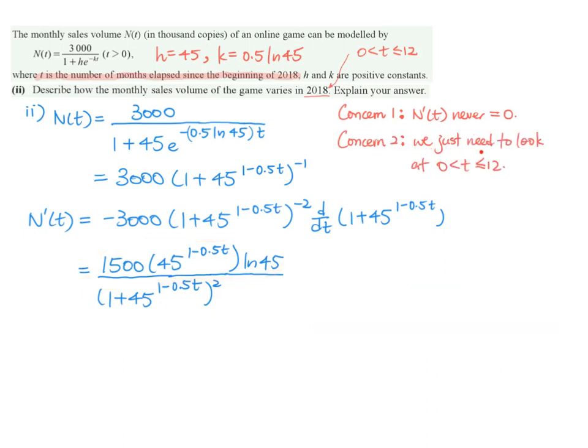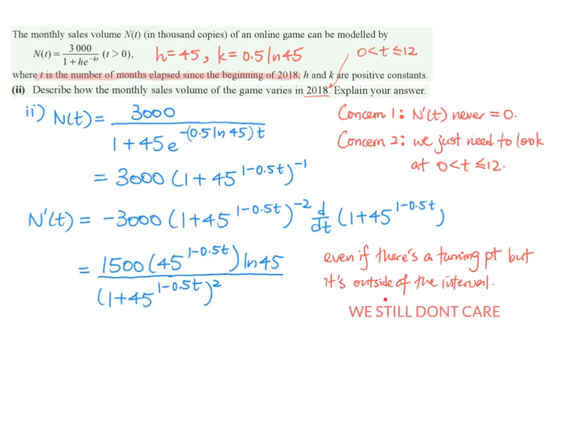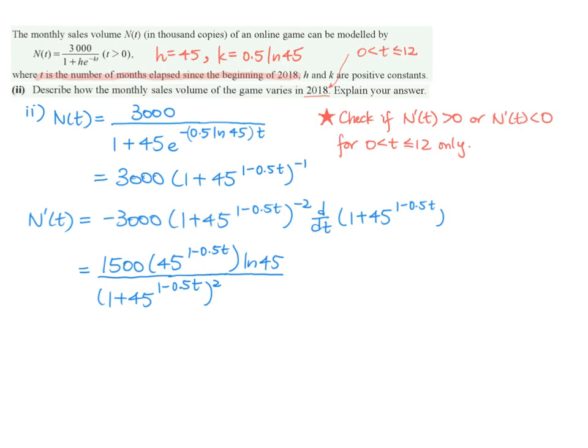Moreover, all we care about is just within this interval. Even if there's a turning point, if it's outside of this interval, we still don't care about it. So basically, we just need to check whether within this interval the first derivative is positive or negative. Then we're good.